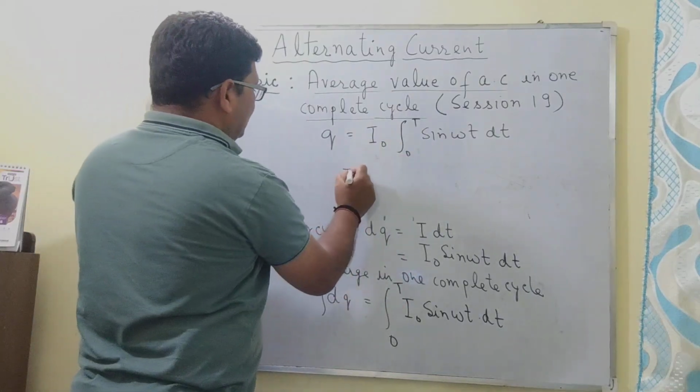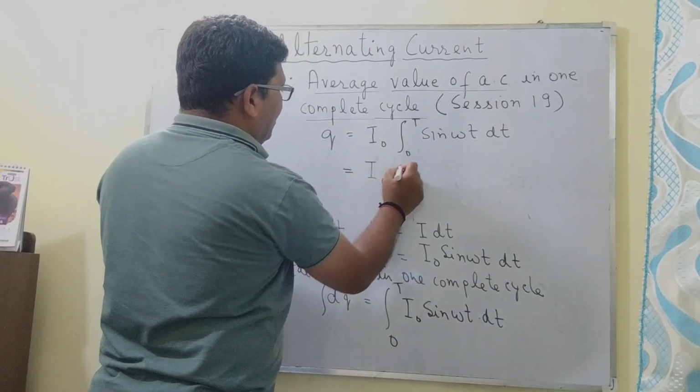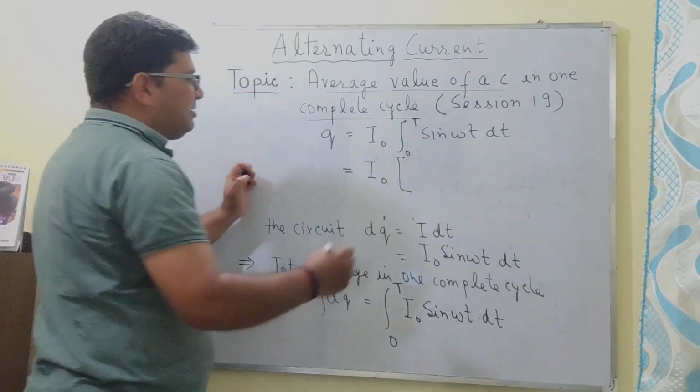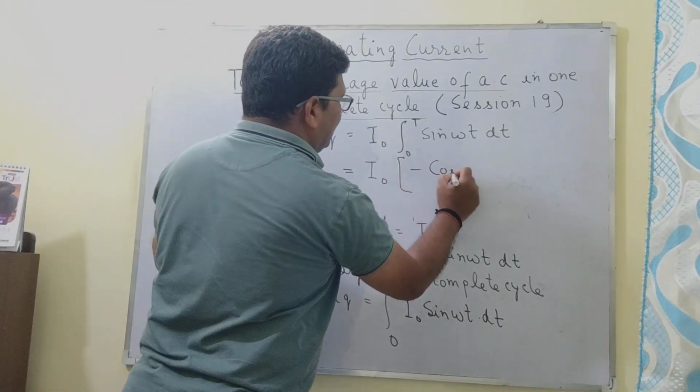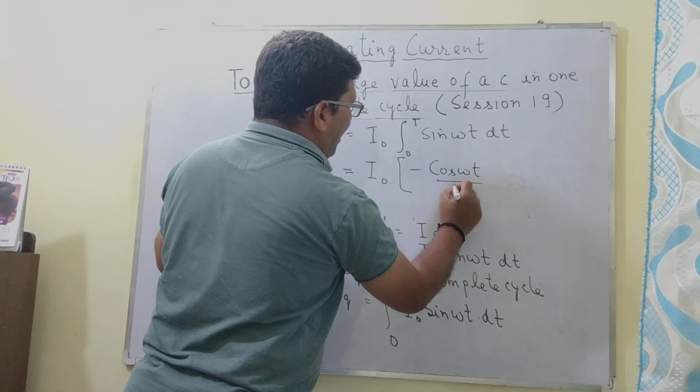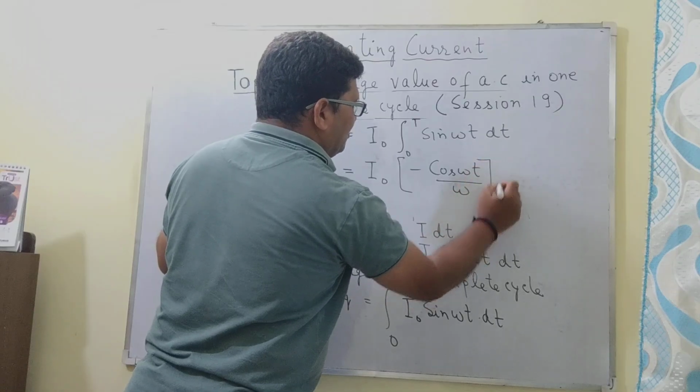Now the integration of sine omega t is equal to minus cos omega t divided by omega, within the limits of 0 and T.